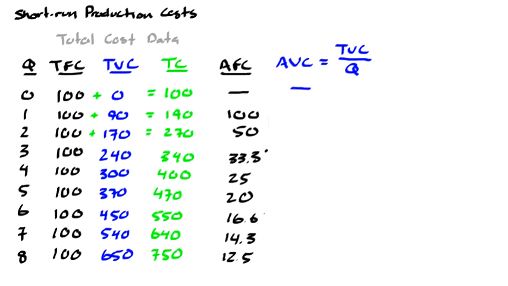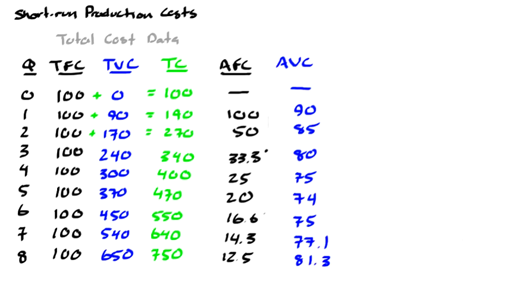If we produce one chair, our total variable cost is 90, so our average variable cost per chair is 90. We produce 2 chairs, it's 170, so 170 divided by 2 is 85. 3 chairs, the average variable cost is 80. 4 chairs, the average variable cost is 75, and so on.